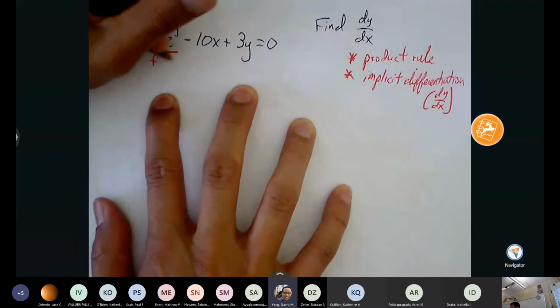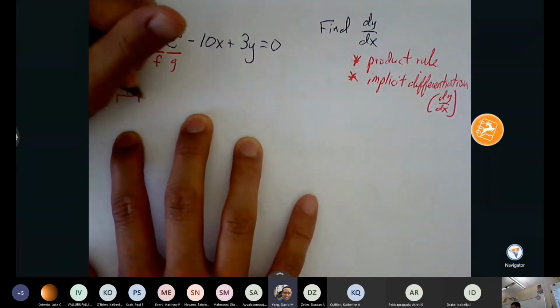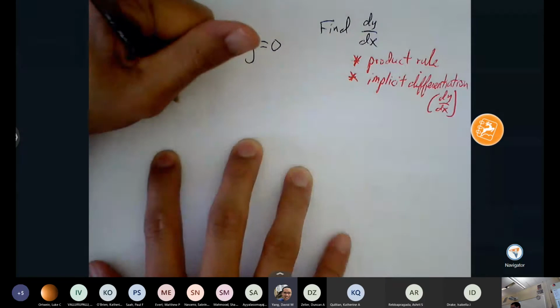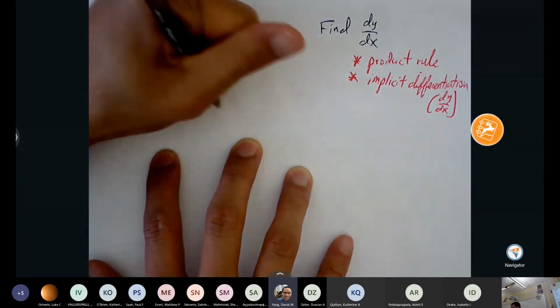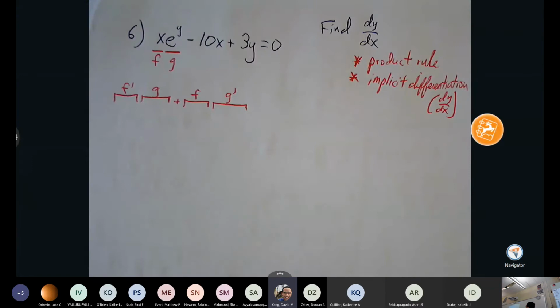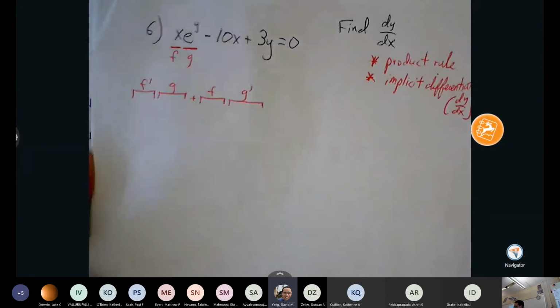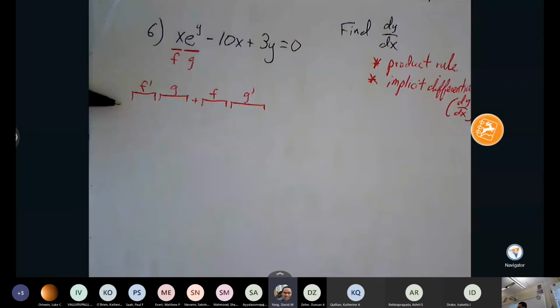Okay, so here's my setup. Let's build this from scratch here. F prime.